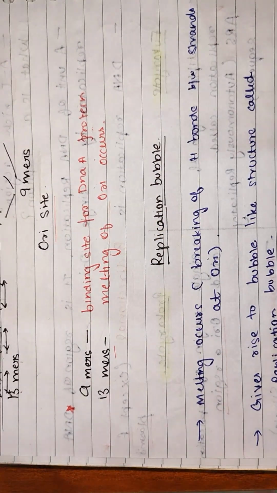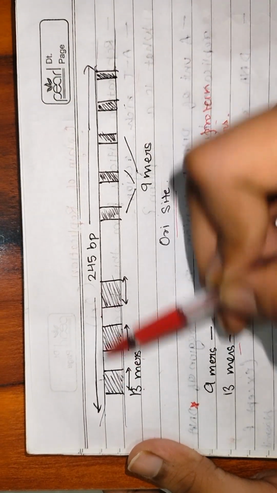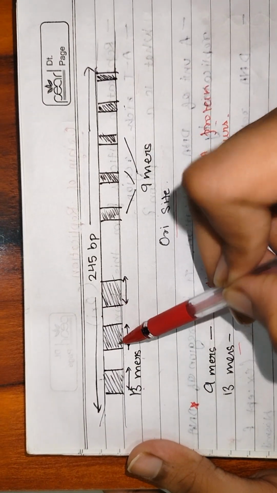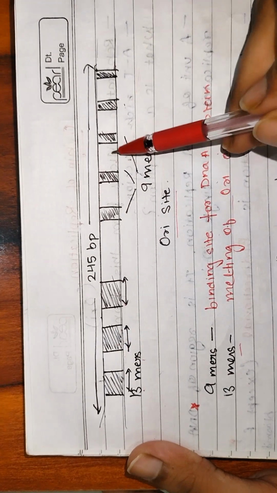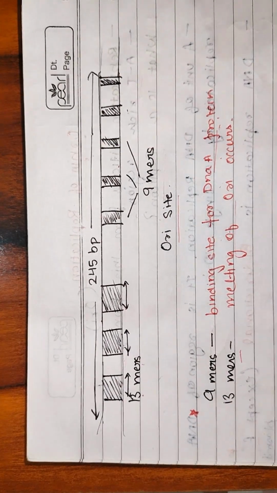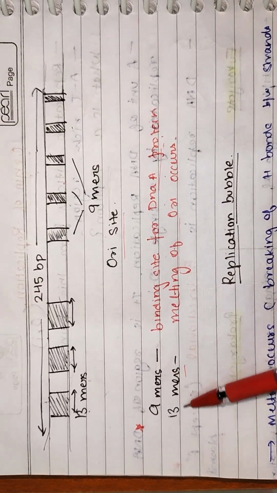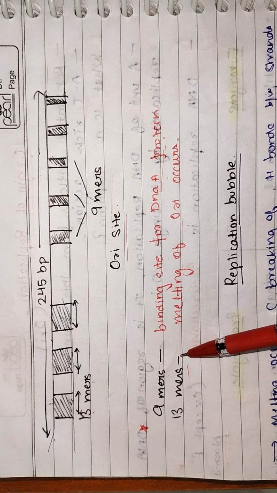Melting of ORI means that the DNA will form a replication bubble from here. So here melting starts and here DnaA protein will bind. This is the significance of 9-mers and 13-mers in the DNA replication process.